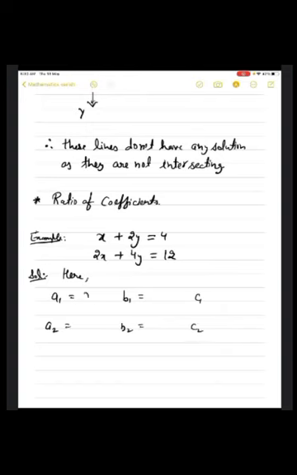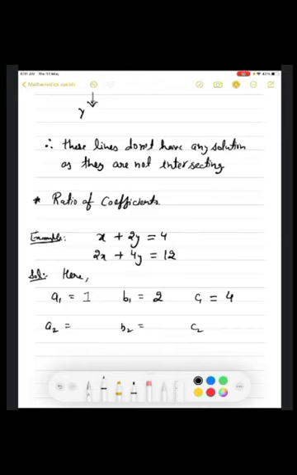Quickly, so we have to take coefficients only. So we have here A1 is 1, B1 is 2, C1 is 4. So what was here to observe, whether constant terms are on RHS or LHS? They should be on the same side. So here they are on RHS, so no need to reshuffle them.